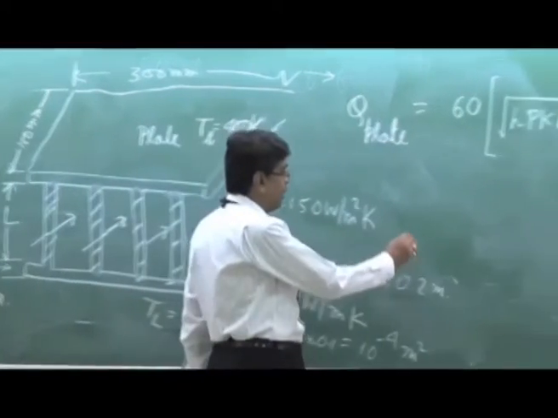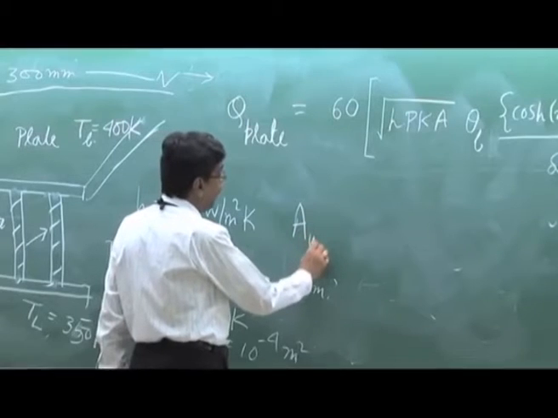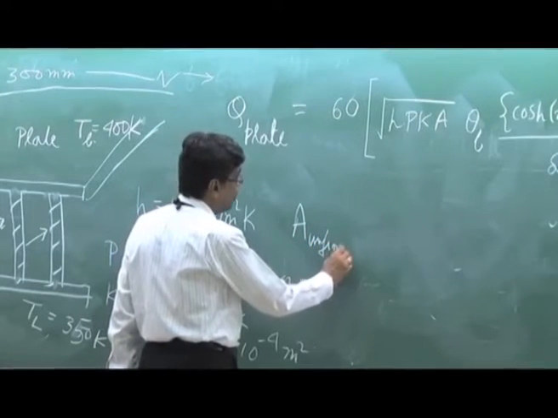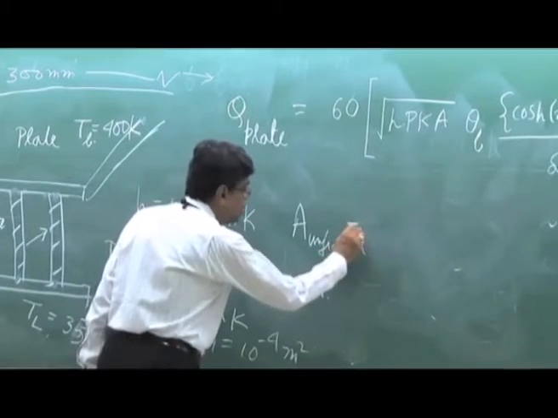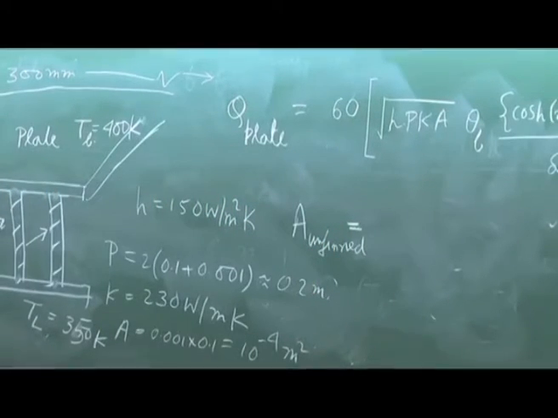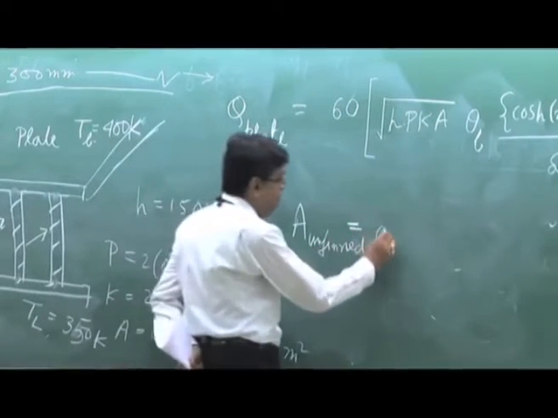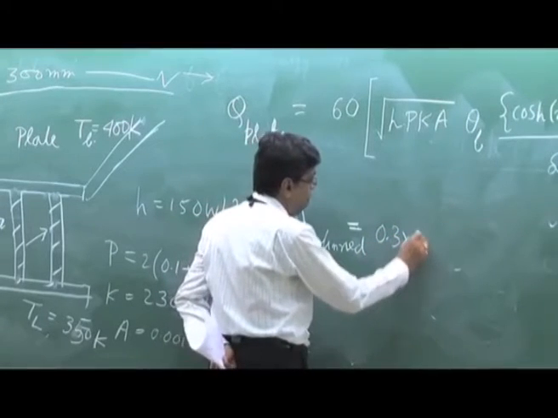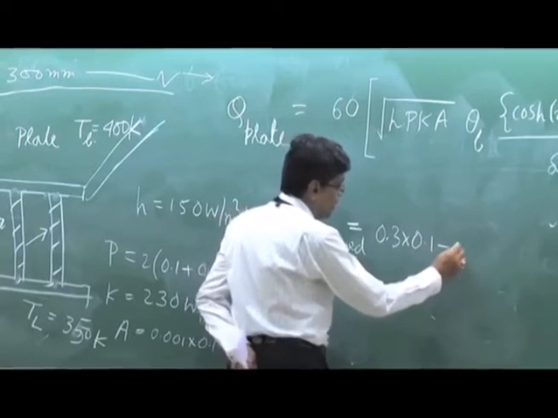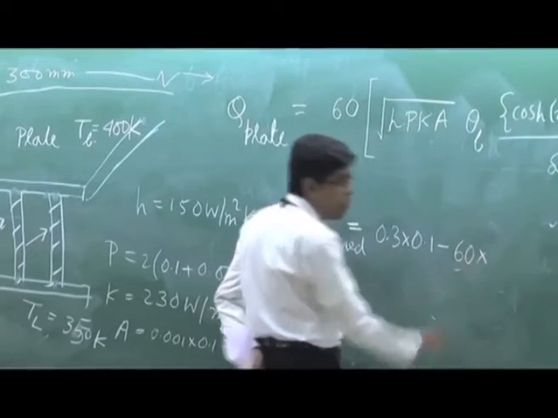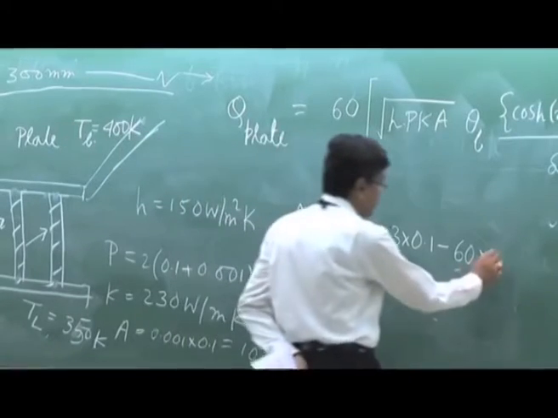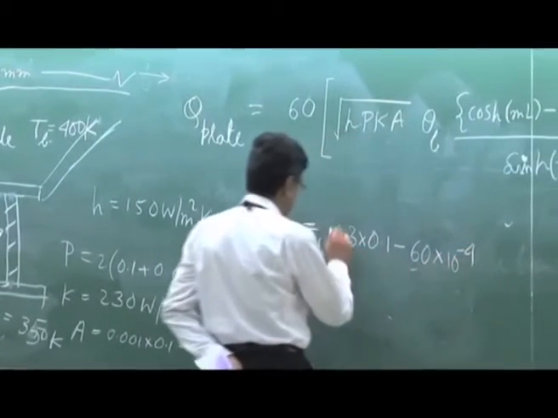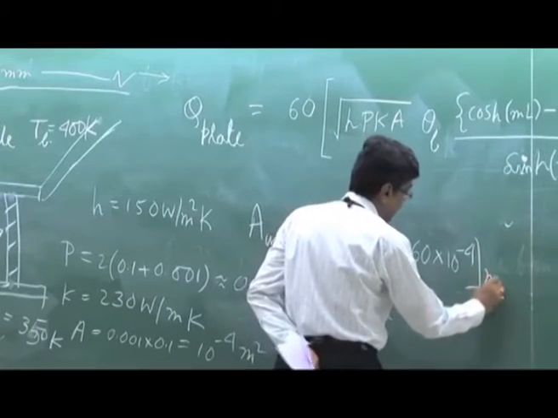Now A unfin. A unfin equals 0.3 into 0.1 minus 60 into 10 to the power minus 4. This is very simple. Meter square.